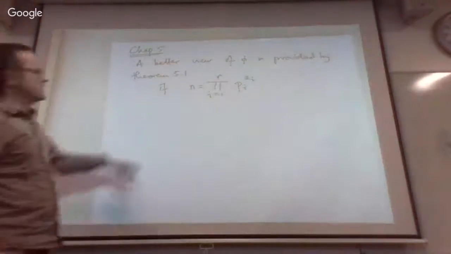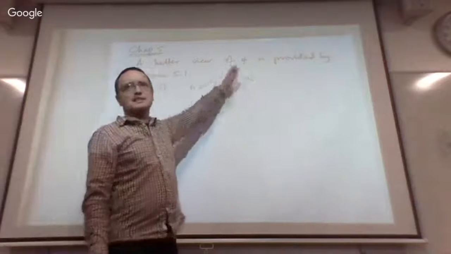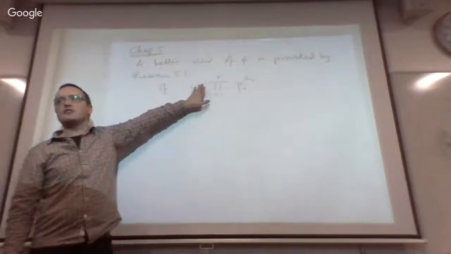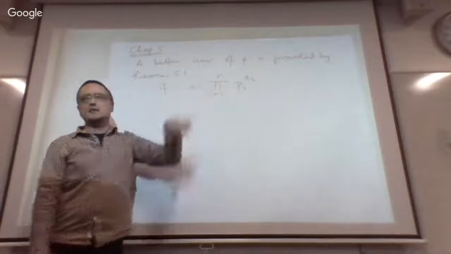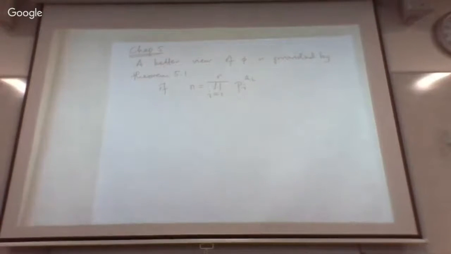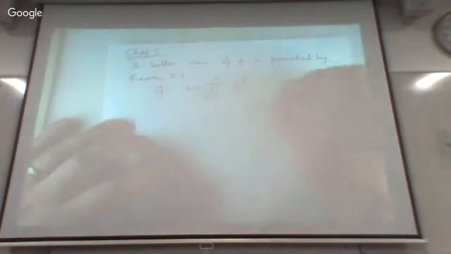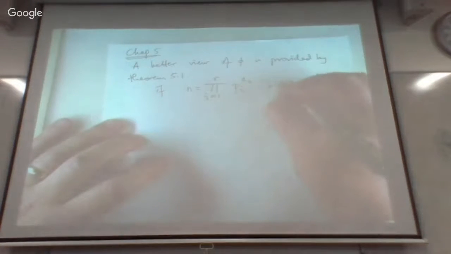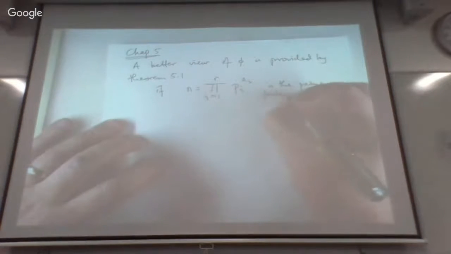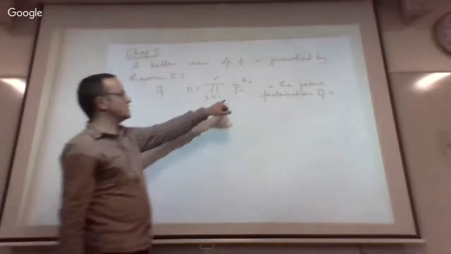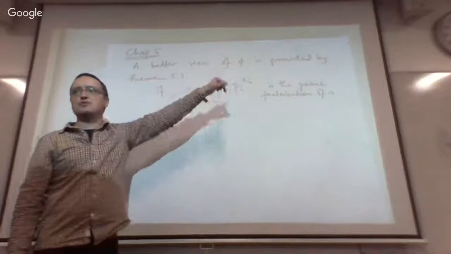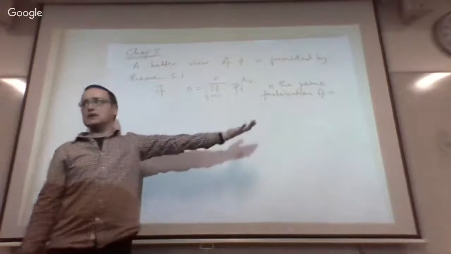So what am I talking about here? If n is equal to this, what's this? This is our nice canonical form of an integer, the prime factorization of n. So if n equals this, this is the prime factorization of n. In other words, I've got a set of distinct prime numbers, p1, p2, p3, to the last one, pr.